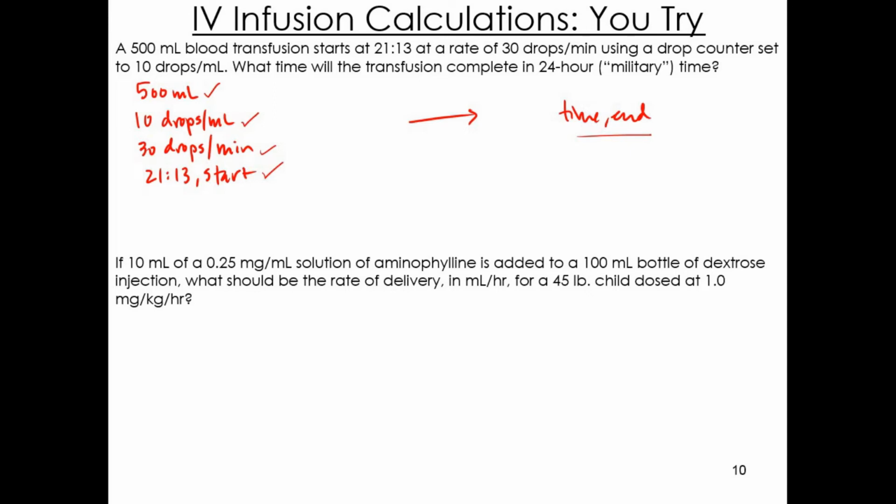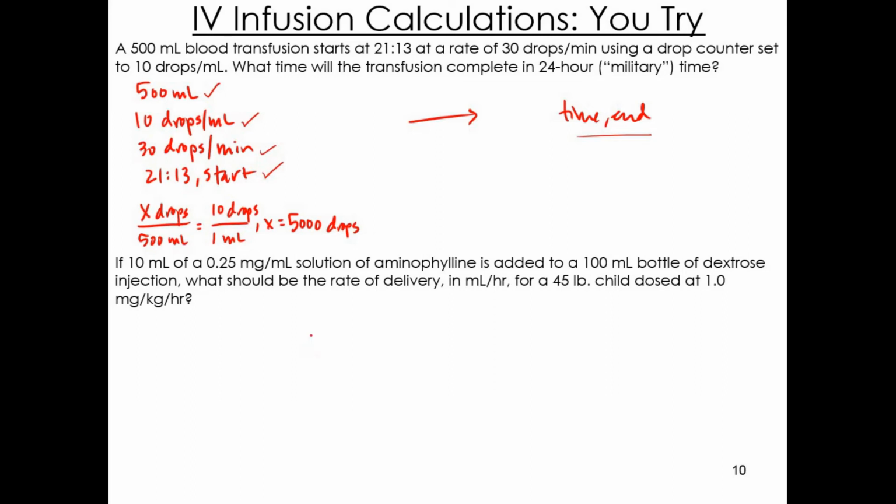Let's start by converting the total volume into drops. So this tells us there are 5,000 drops in the 500 ml volume.